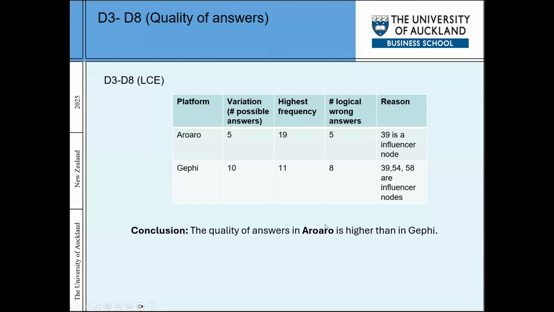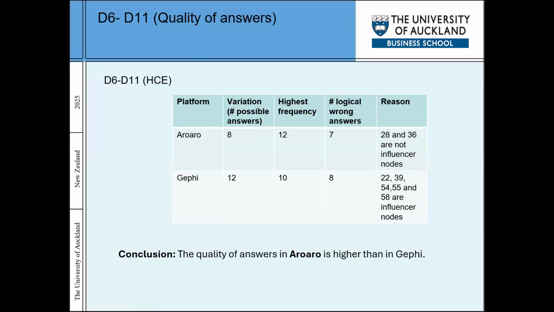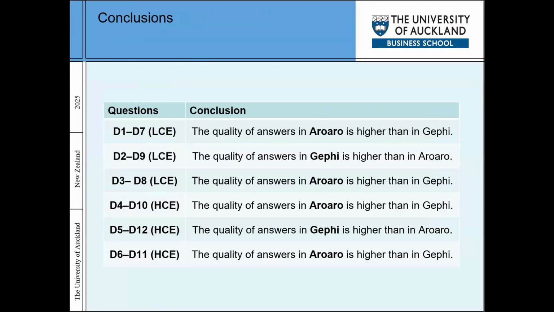There are some questions where GEFI is performing better than RORO. You cannot say for sure that the cognitive load on the users of VR is higher than on the 2D platform of GEFI. The thing is that we're referring to the effort of answering the question.